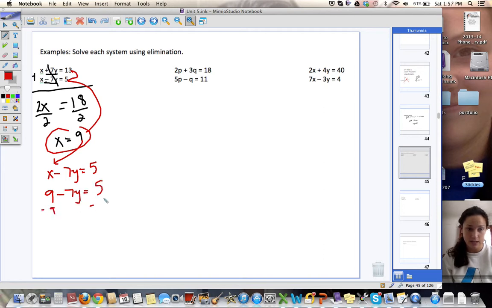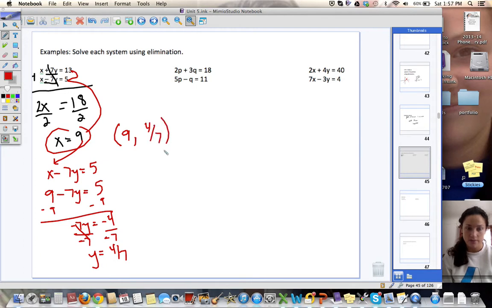Minus 9, minus 9. Negative 7y equals negative 4. Divide by negative 7 on both sides. y equals 4/7. So my answer is (9, 4/7). That's my xy coordinate value.